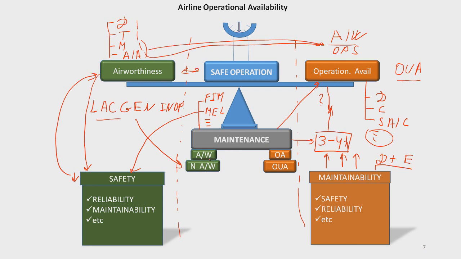How are these green and orange boxes connected? Very simple. If product is airworthy, it means that product is operationally available. If product is not airworthy, it means that product is operationally unavailable. What is the connection word here?